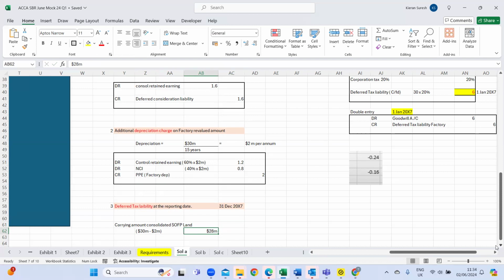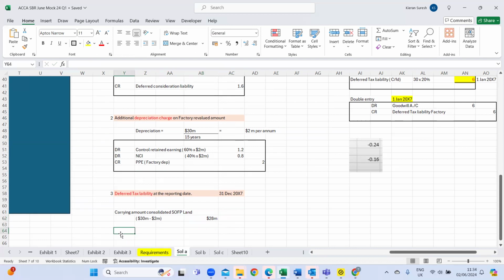But then the tax base at 31st of December: they would not have this extra amount in the tax base. The tax base is going to be 0. There is nothing there in the tax base because they haven't recognized the fair value in the tax base.